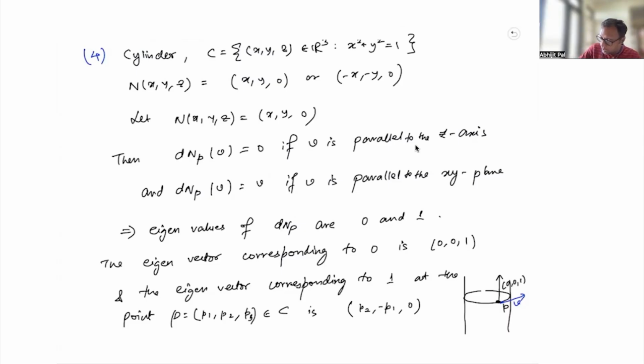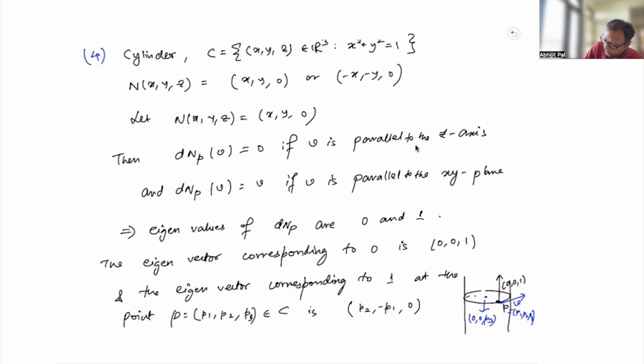You know that the coordinate of P is (p1, p2, p3). The center of this circle will be (0, 0, p3).